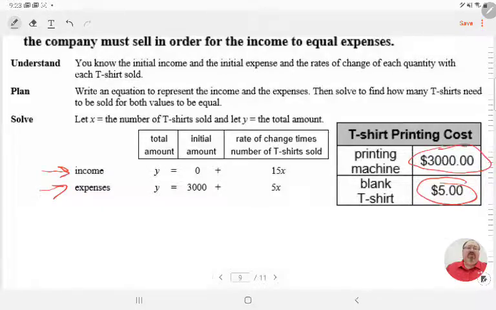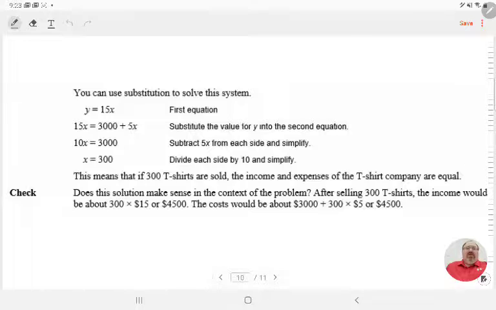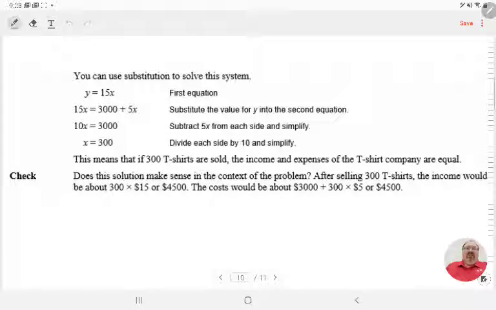So there's our system of equations that we can use. So we could take a look at that and we could use substitution very easily in this problem. So everywhere there's a Y, we would substitute a 15X. Okay? So it'd be 15X equals 3,000 plus 5X.